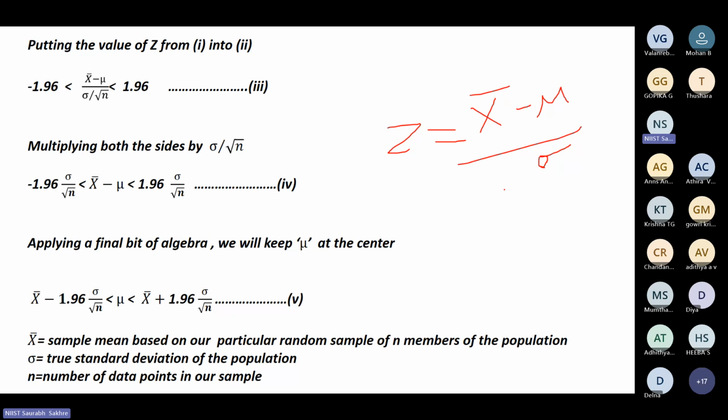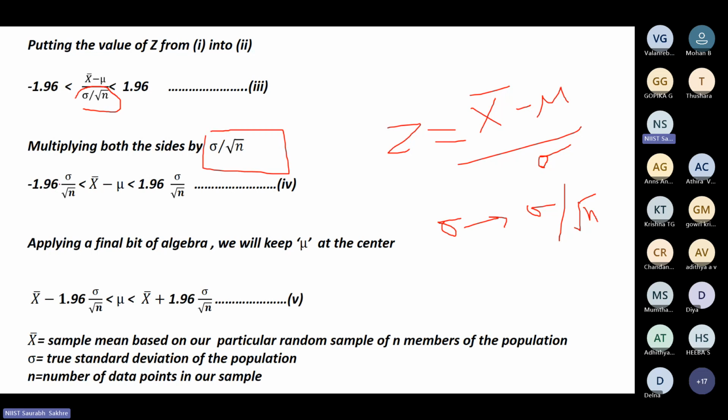But I told you, as per the central limit theorem, that sigma is to be replaced by sigma by square root of n. So I have replaced this; you can see here sigma by root n. So minus 1.96 less than x bar minus mu upon sigma by root n, less than plus 1.96. Now to simplify it, I will multiply both sides by sigma by root n.